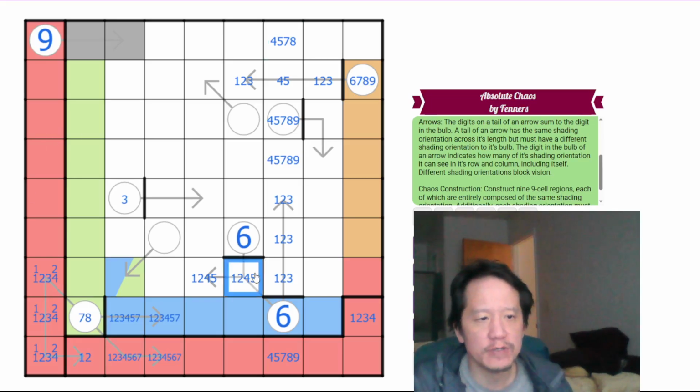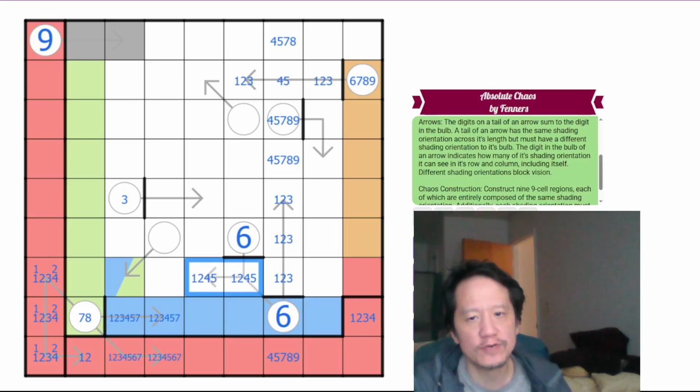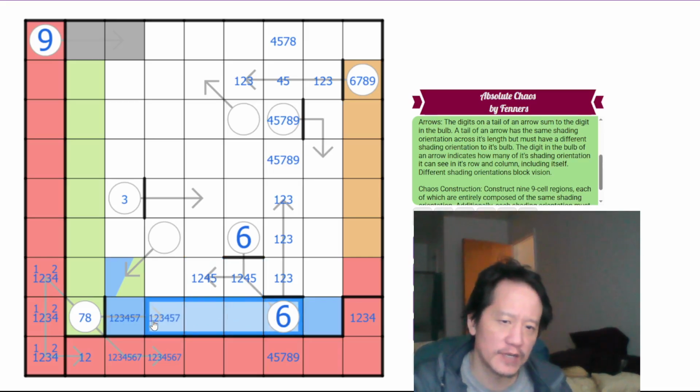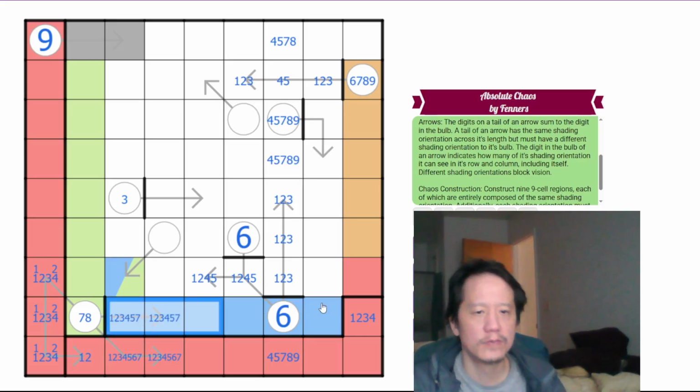This has to be a different. Well, this doesn't have to be the same region. Could be a region here and then a region here.